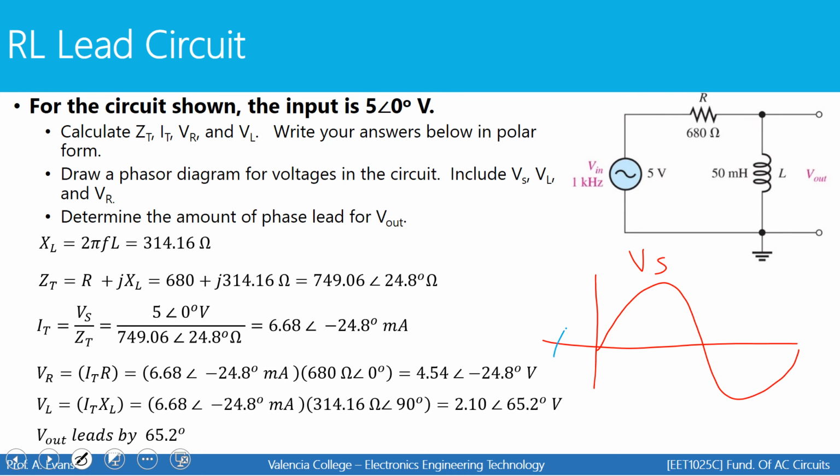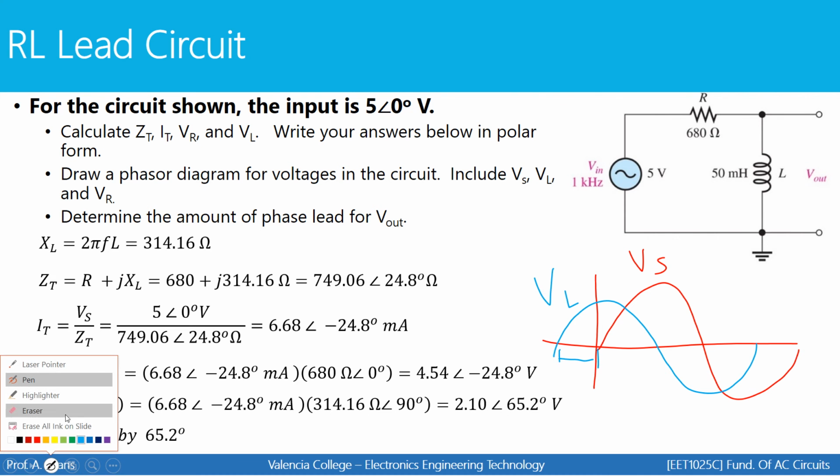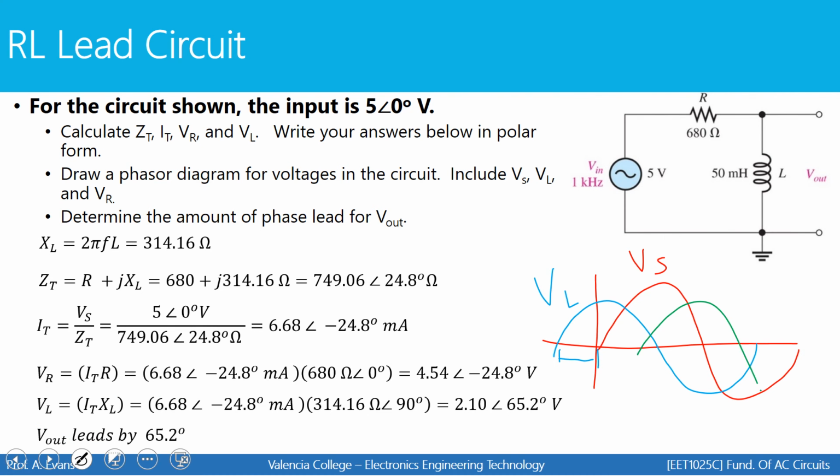So our inductor may look something like this, where this distance here is our 65 degrees. And we also have the voltage across the resistor, which is lagging the source by nearly 25 degrees. So the voltage across the resistor may be about here, where this distance from here to here is 25 degrees.